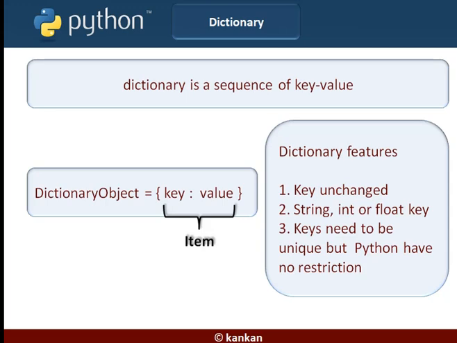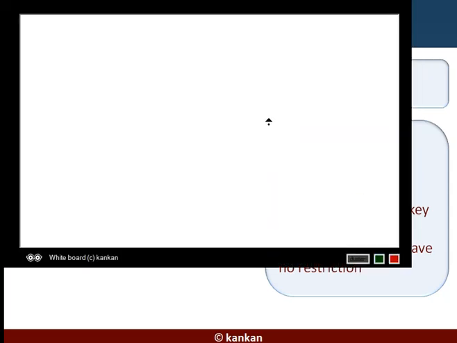But in a dictionary, values are indexed by keys. Our module 5 will start with dictionary, and what I write on this whiteboard can be helpful for your further reference.